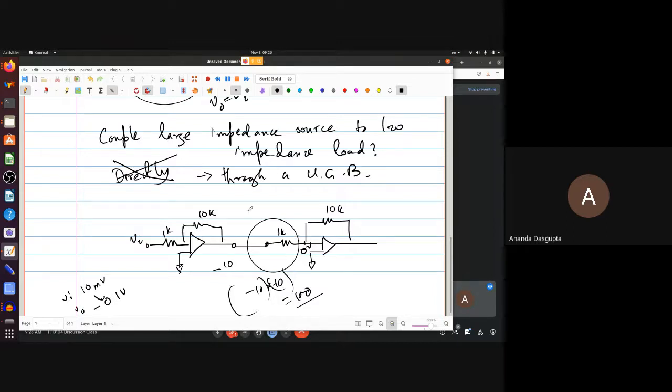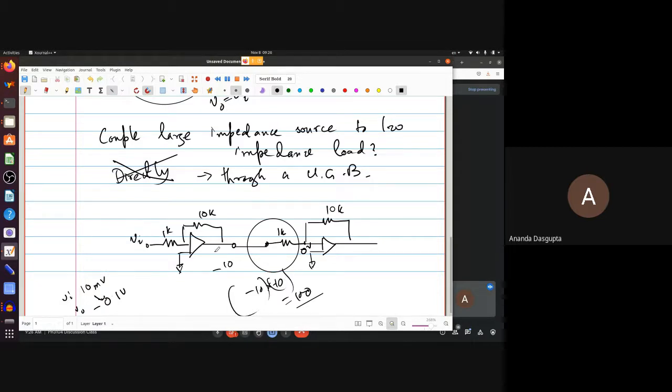Now in this circuit, thankfully the output impedance of the op-amp is very small, so the 1K is much larger than that. But if instead of an op-amp here, you use some other amplifier which has a gain of minus 10, but whose output impedance is, say, 100 ohms, then what will happen? Then this overall gain will not be 100, despite the fact that you want minus 10 times minus 10.